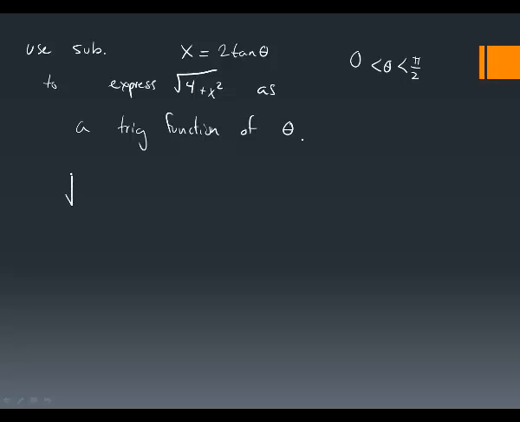So we have the square root of 4 plus x squared, and we know that x equals 2 tangent theta. So we want to write this in its simplest terms. So we're going to substitute that value in. So we have square root 4 plus, and now in parentheses, let's put 2 tangent theta squared.